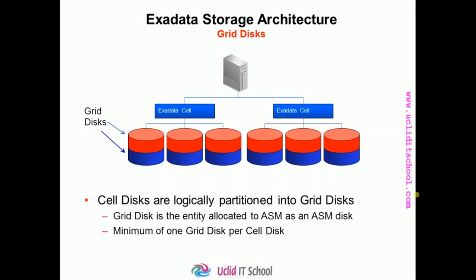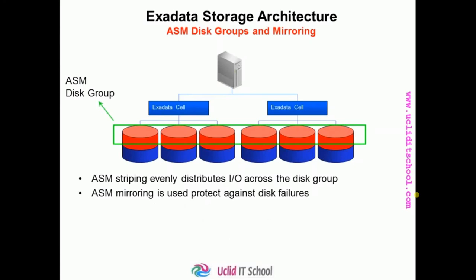Grid disk is the entity allocated to ASM as an ASM disk. Minimum of 1 grid disk per cell disk. So on a cell disk, a minimum of 1 grid disk has to be created, and you can create multiple grid disks. Next, this is what you are referring to, Sai, mirroring. Okay, redundancy.